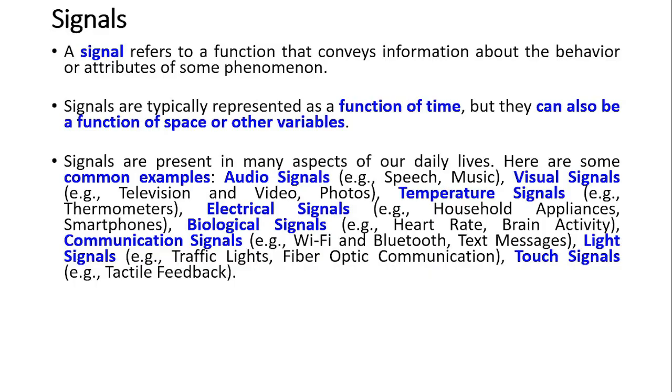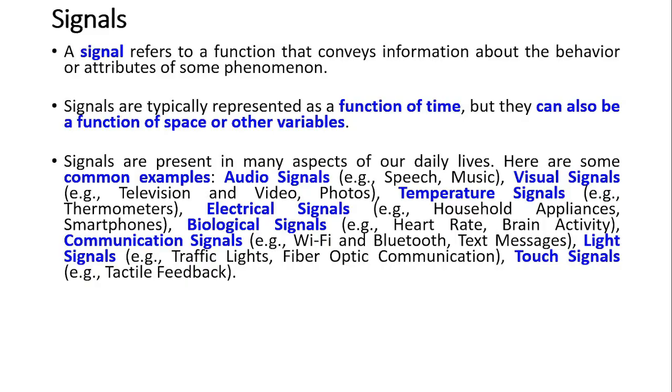So what are signals basically? Signals are nothing but they are referred as a function that conveys information about the behavior or attributes of some phenomena. In general, it is a function of time, but it can also be a function of space or other variables.